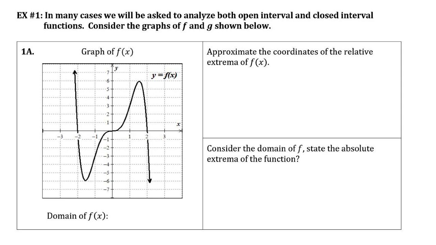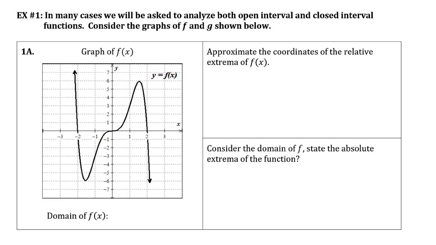We would be able to for sure find it, but here we're going to approximate the coordinates of the relative extrema. So we're picking out both a relative min and a relative max for this. So looking at our graph, we get a pretty good idea of a relative min or max.